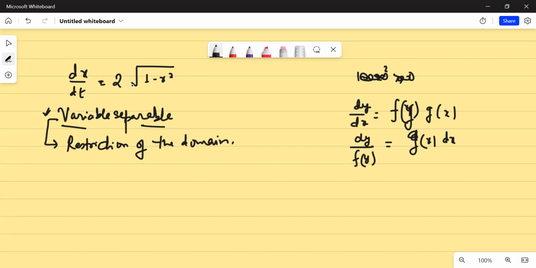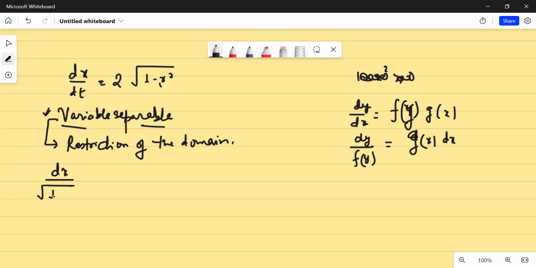Because if you divide, like dx upon root over 1 minus x square, one can clearly see that on the original right hand side you can place x equal to plus minus 1, because at x equal to plus minus 1 this would be 0. But while you divide, you cannot do so. So ये थोड़ा ध्यान रखना कि variable separable में, as you do any differential equation using variable separable, at that very particular time your domain gets restricted. This is one thing that one needs to keep in mind.